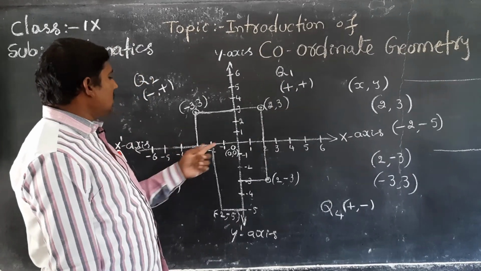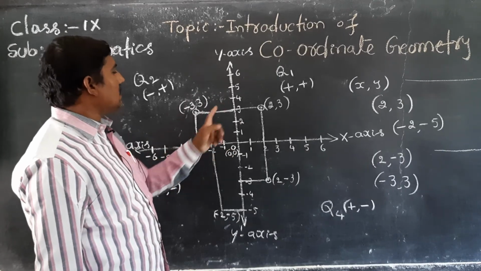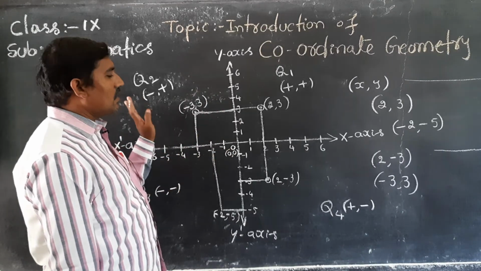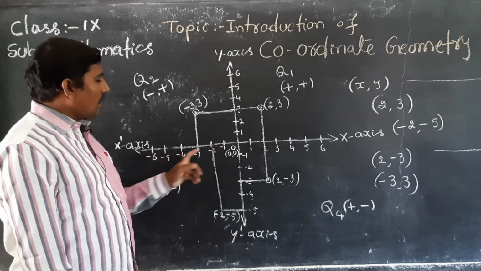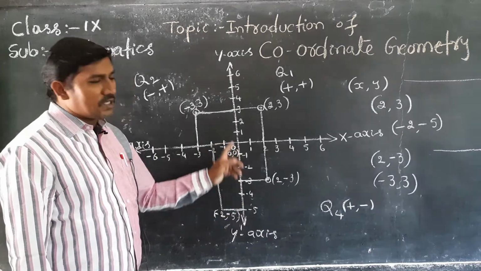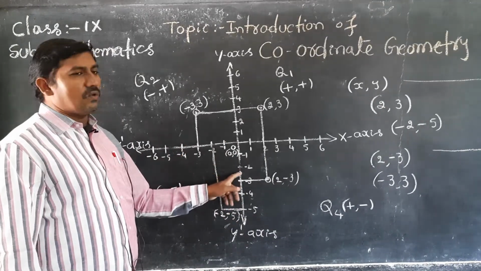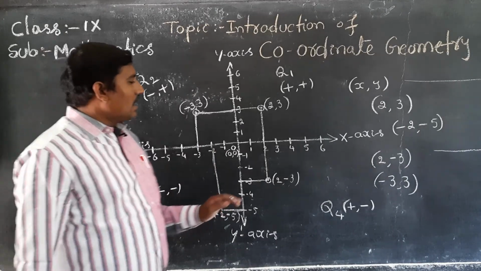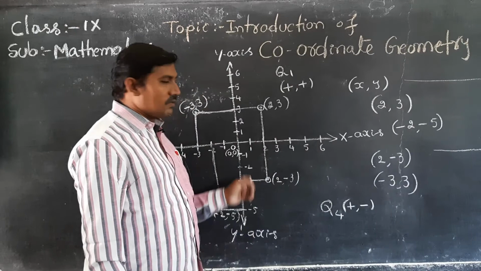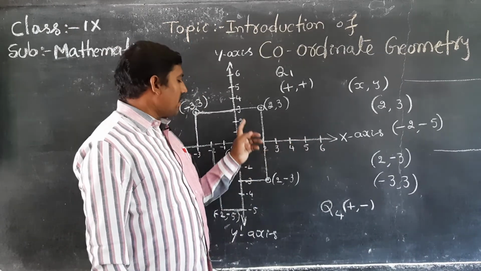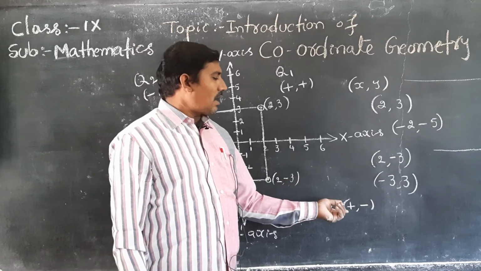In Q2, x is minus and y is positive, so minus comma plus comes under quadrant 2. In quadrant 3, x values are negative and y values are also negative, so both negative. In quadrant 4, x values are positive and y values are negative, so plus comma minus comes under quadrant 4.